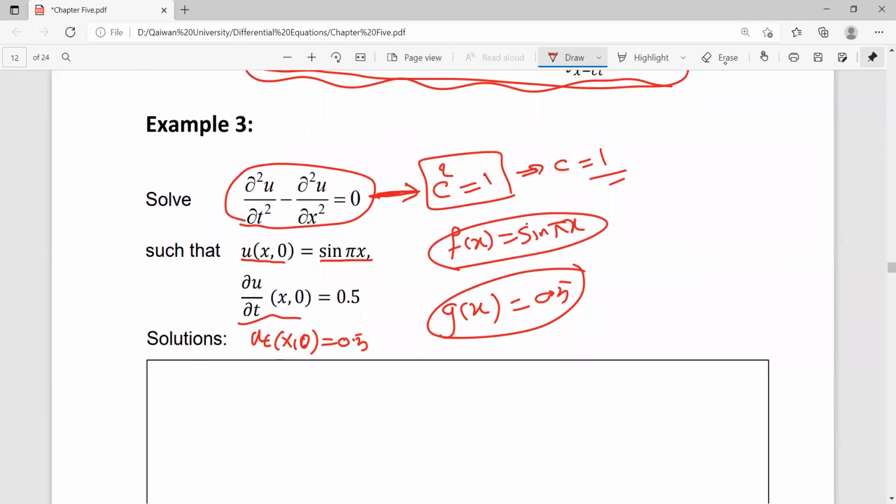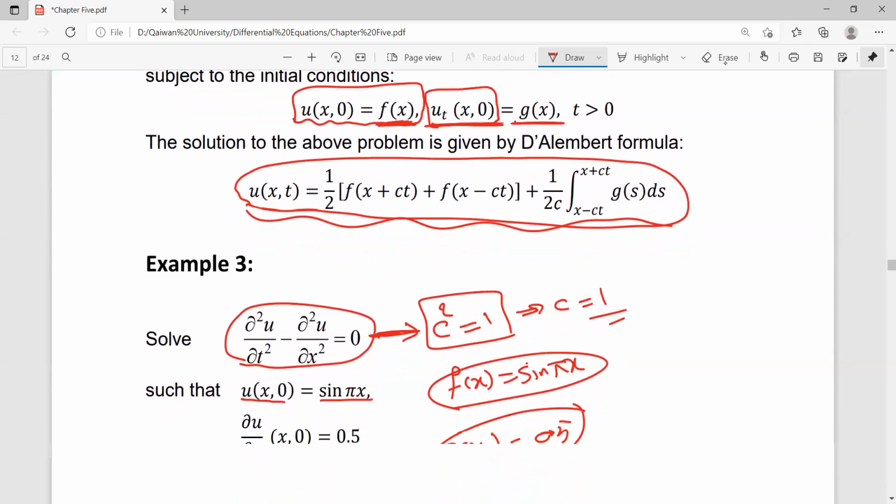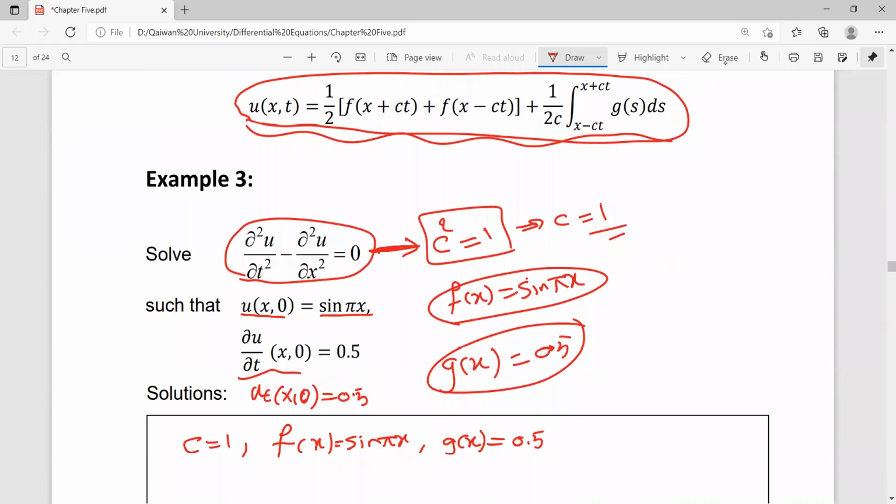We say here c equals 1. We should identify these three things: f of x is sine pi x, and g of x is 0.5. Now we have these three things, and then we can put these three functions into the above formula.